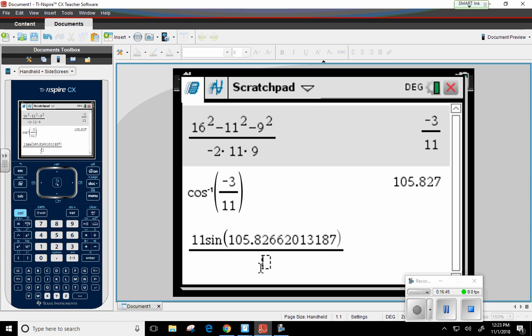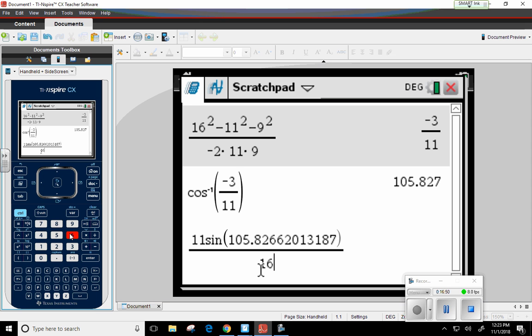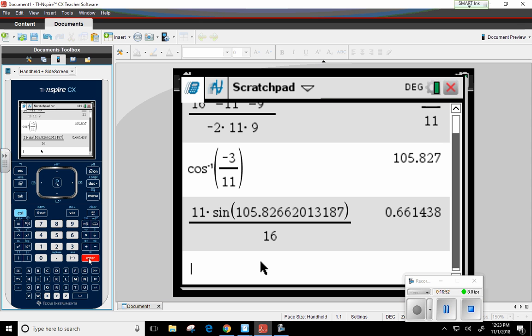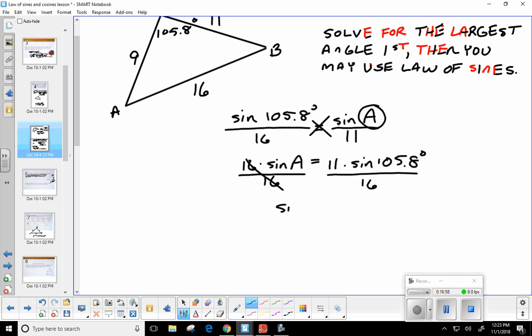Okay, so it's going to make my final answer more approximate. And I think we were dividing this by 16, right? Okay. So let's say I get 0.661. Okay. So sine of A is equal to 0.661. That's what this expression came out to be.